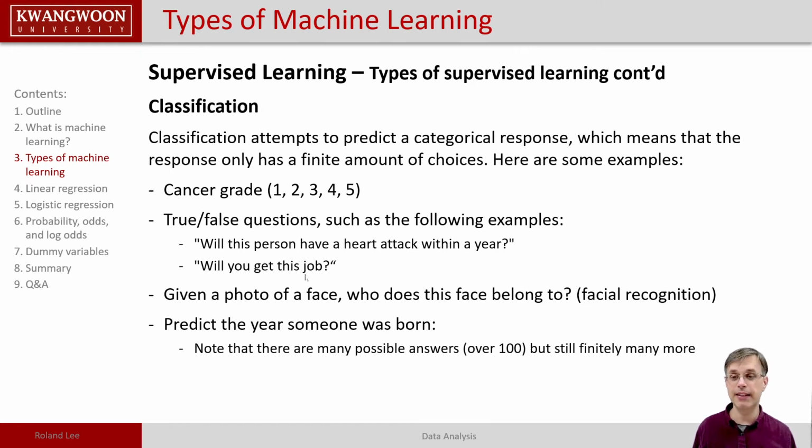Will you get this job? Given a photo of a face, who does this face belong to? So facial recognition. And predict the year someone was born. Note that there are many possible answers, over 100, but still finitely many.